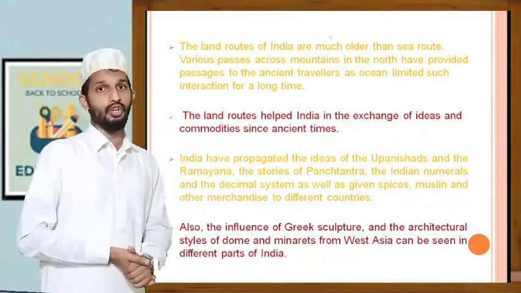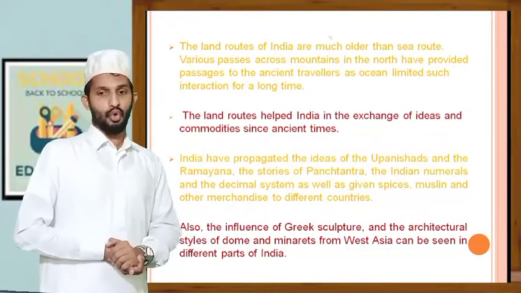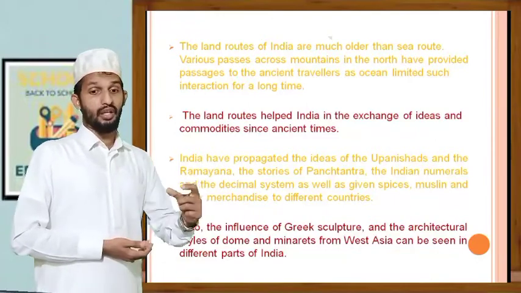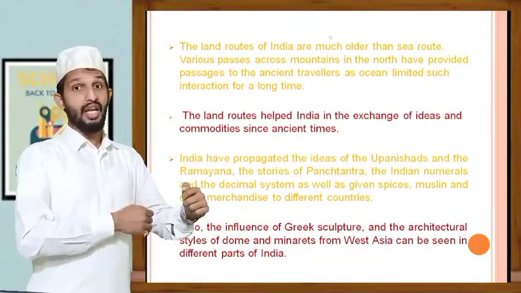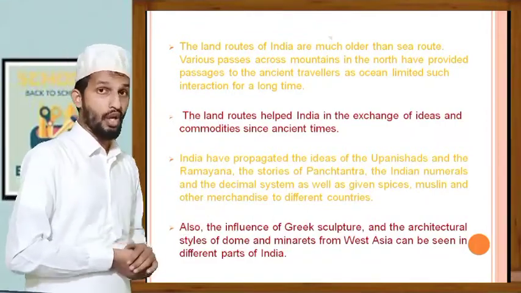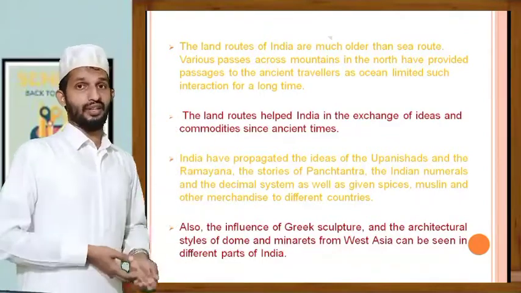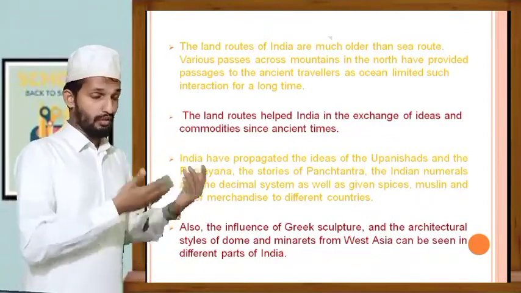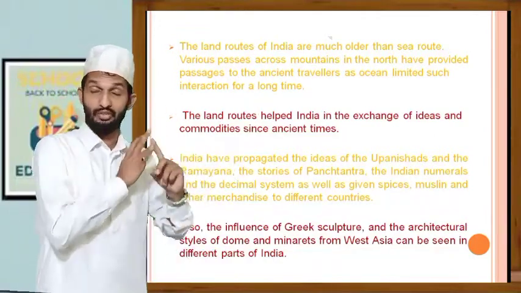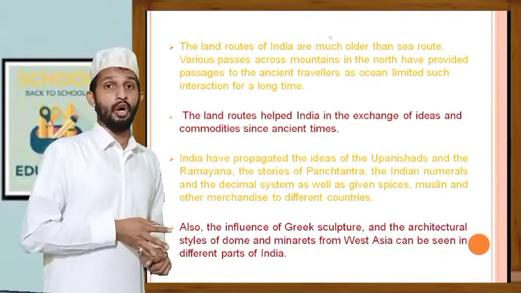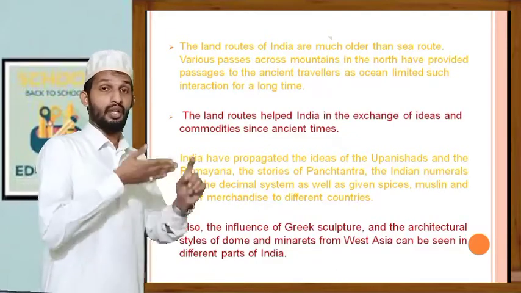Also, the influence of Greek sculpture and the architectural style of domes and minarets from West Asia can be seen in different parts of India. If you are traveling to Delhi, Bombay, Calcutta, Madras, the main Indian cities, wherever you go, you can see many domes, like the Taj Mahal and Humayun's Tomb, the Kolkata High Court, the Madras High Court, and Bombay.